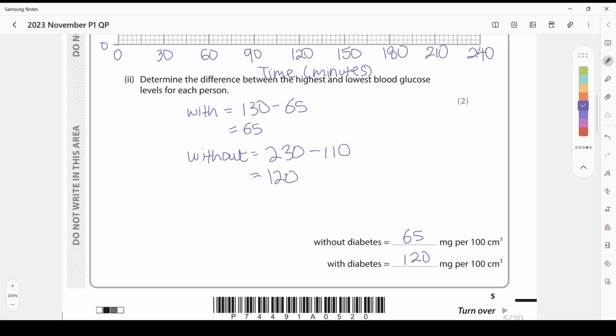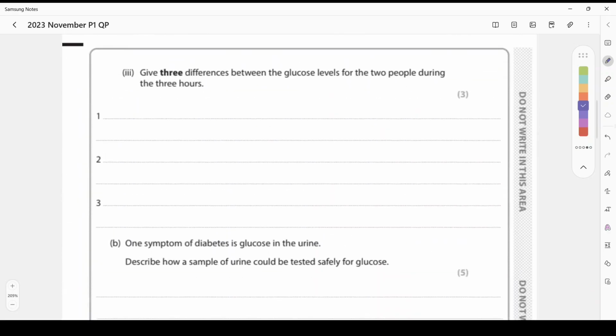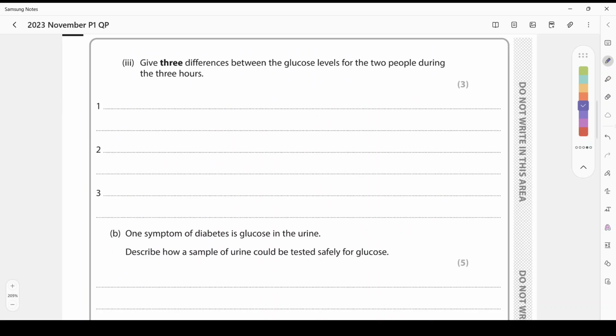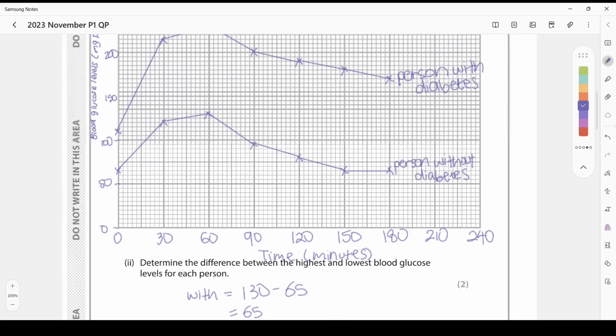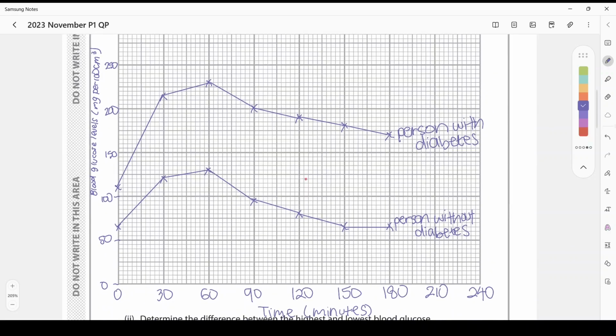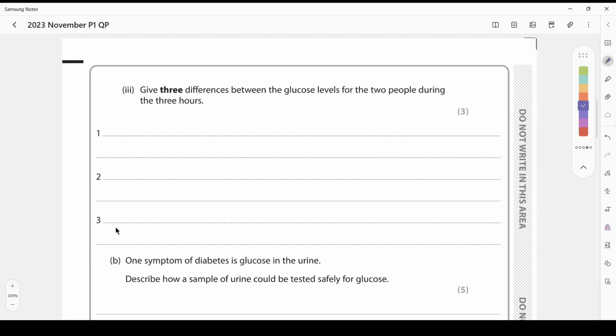That was 120. All right. Let's move on to part 3. Give 3 differences between the glucose levels for the 2 people during the 3 hours. So if we look at the difference here, we can see that a person with diabetes has a higher blood glucose level, right, than the person without diabetes.